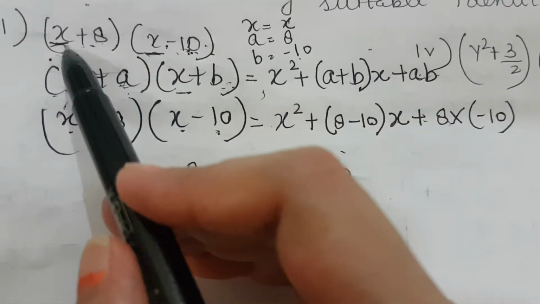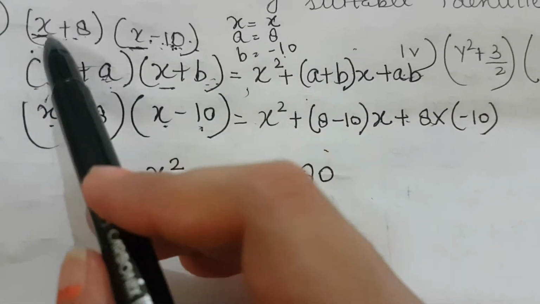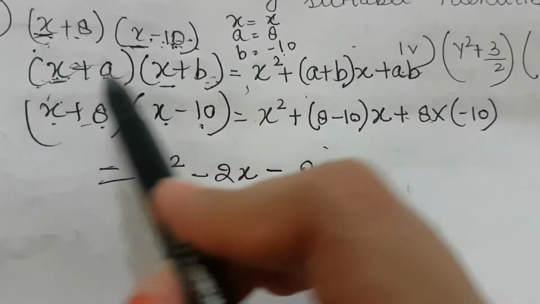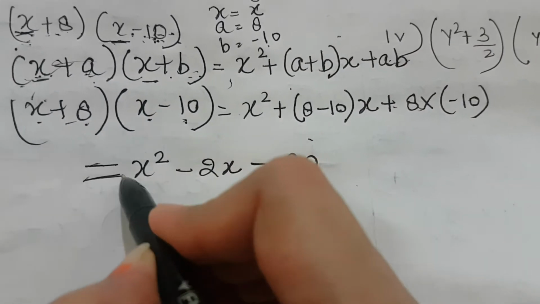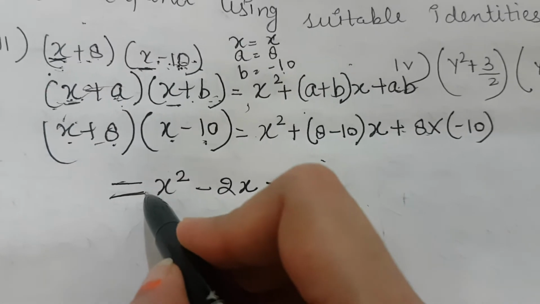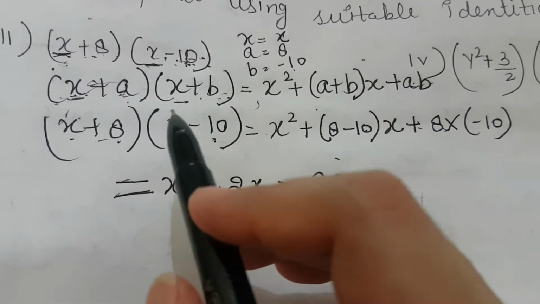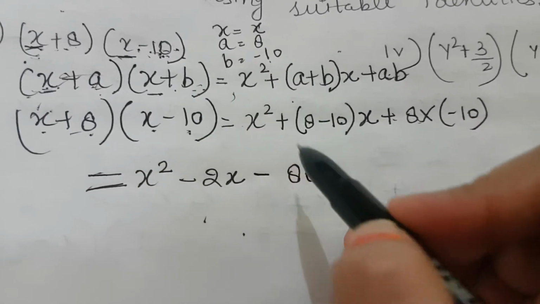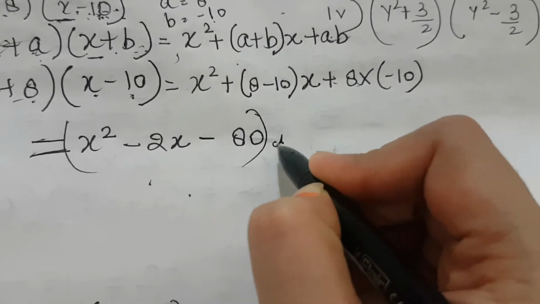We can apply the identity because the terms are according to the identities, so we can make our calculation easier. You just have to first think which is the suitable identity, then apply it and put in the values. That's it. So this is your answer.